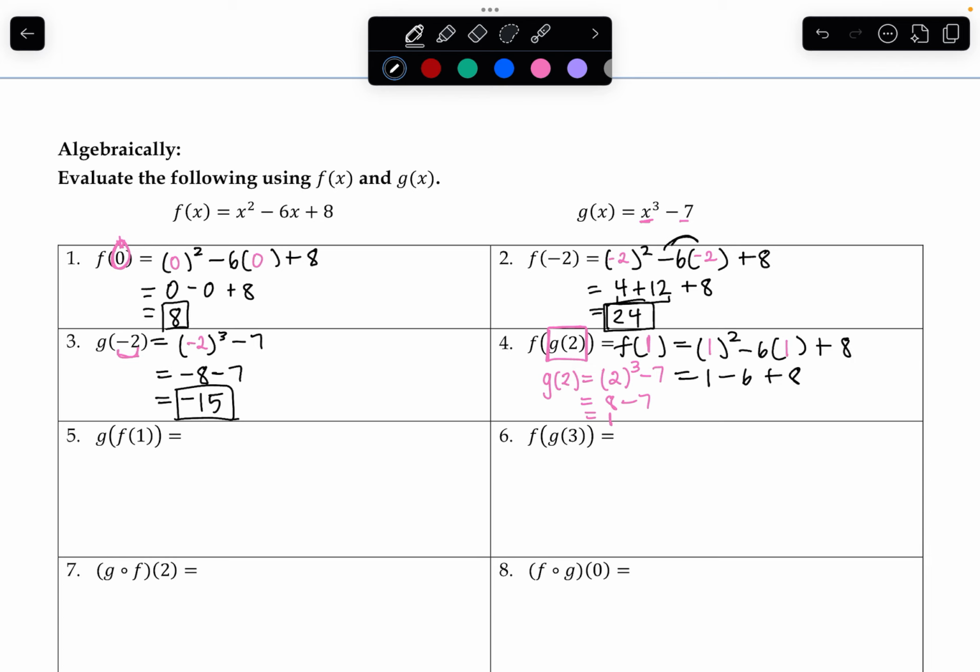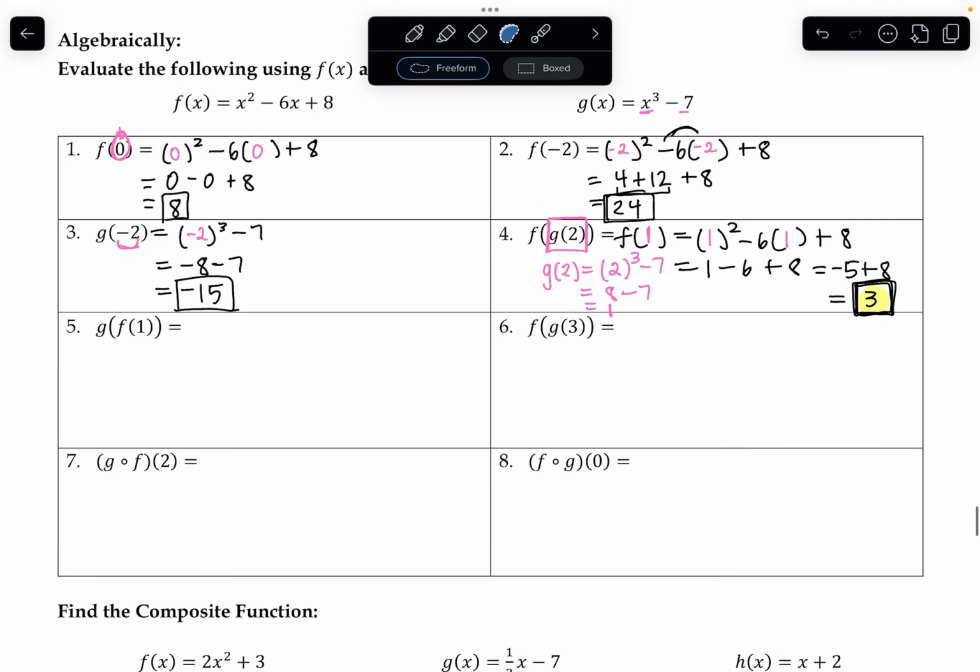Add 8. 1 minus 6 is -5. Plus 8 is 3. So our final answer is 3. If you want to write that intermediate step, -5 plus 8 equals the 3.